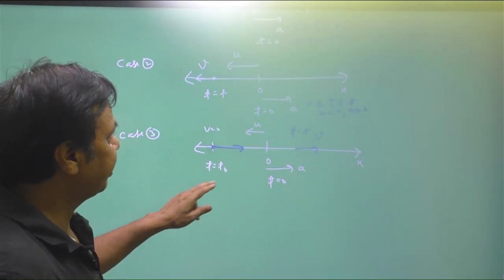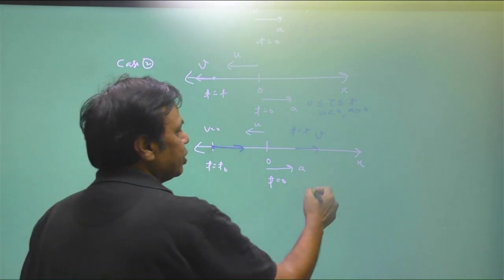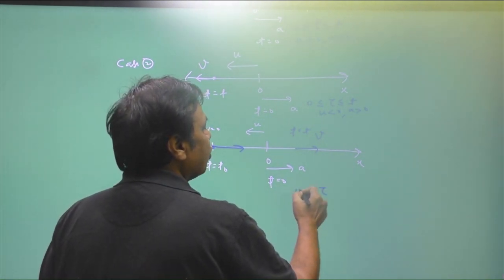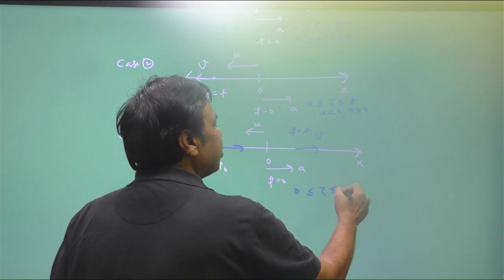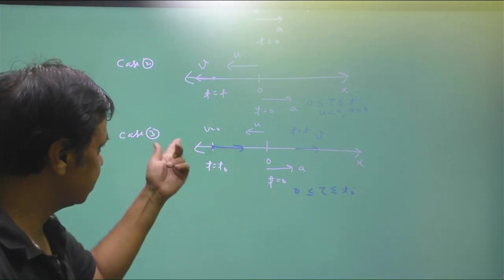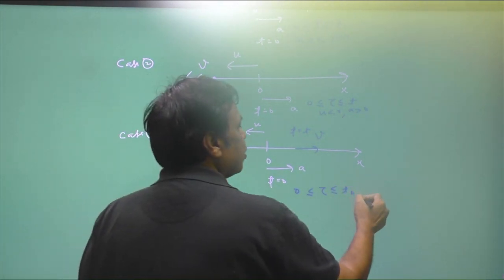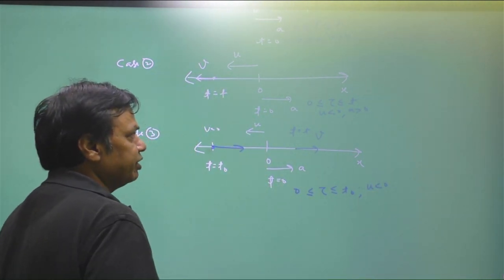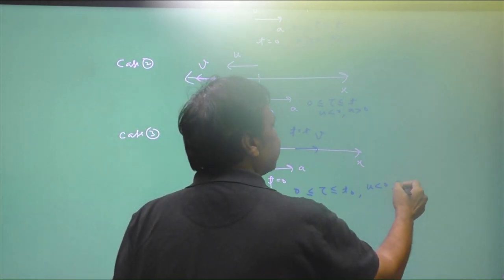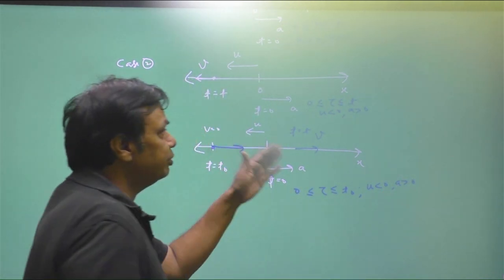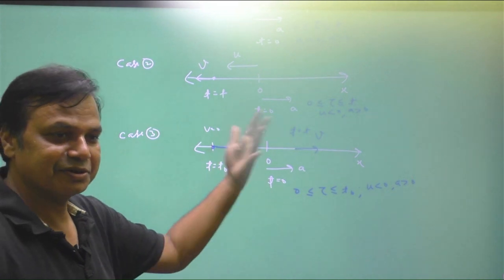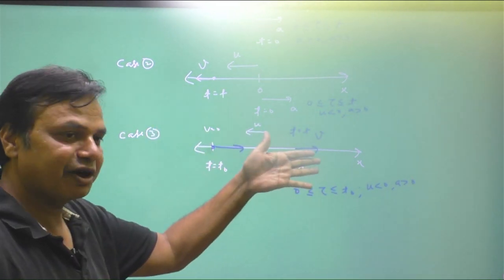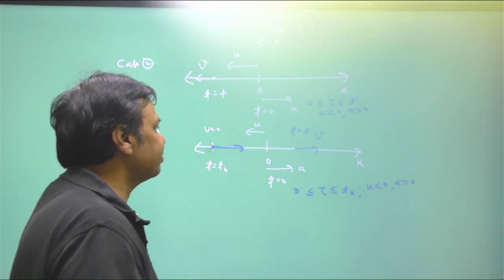And in case 3, tau from 0 to t naught, the initial velocity u is greater than 0, and acceleration is greater than 0. Acceleration is in this direction, velocity is in this direction.